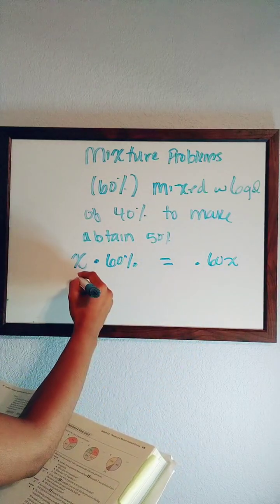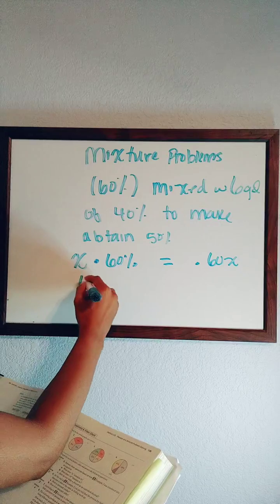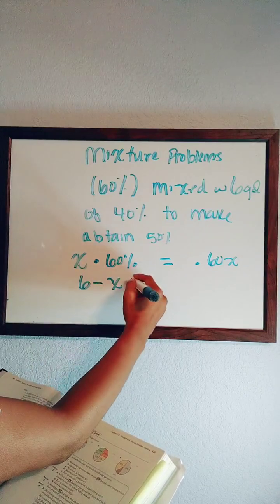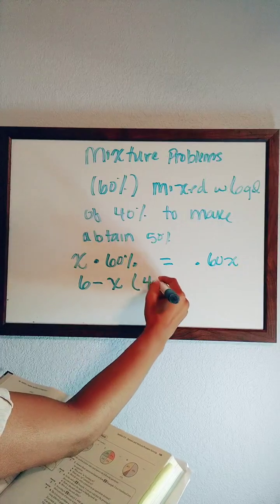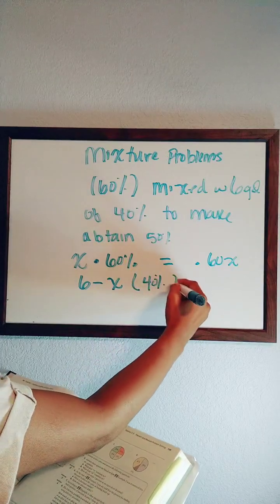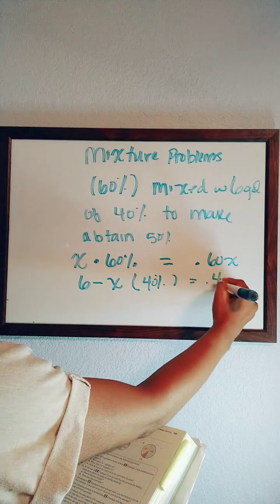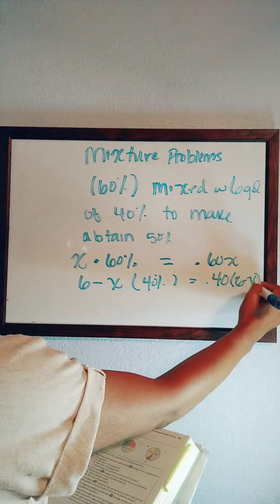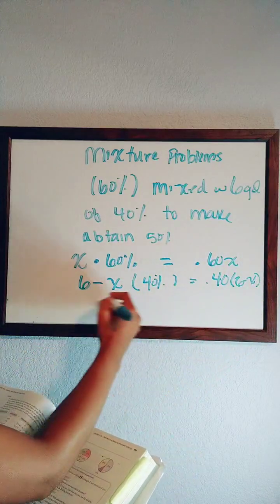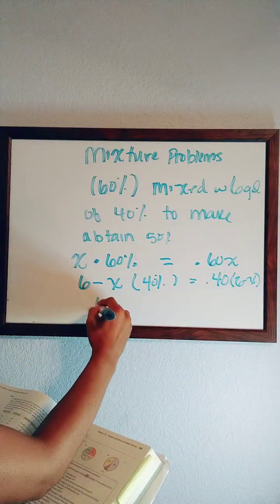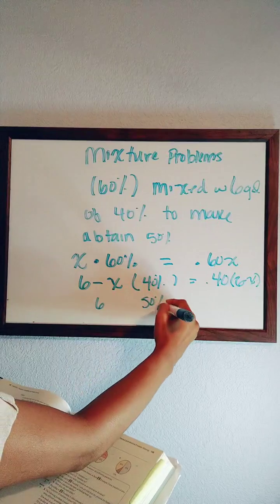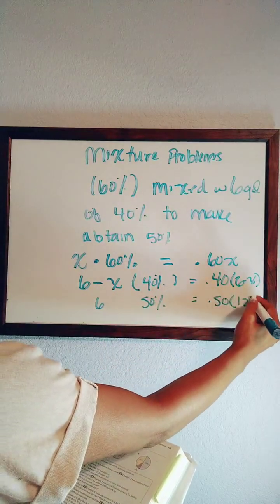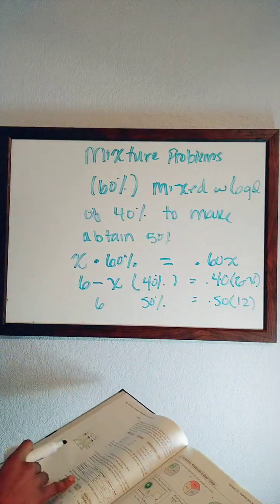And then you've got 6 minus x times 40%, equal 0.40 times (6 minus x), and then 6 times 50%. All right, let me see if I set that up right.